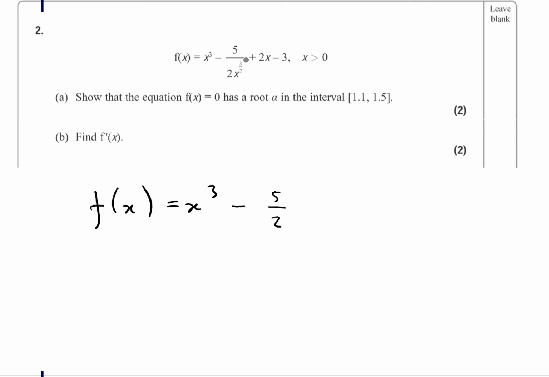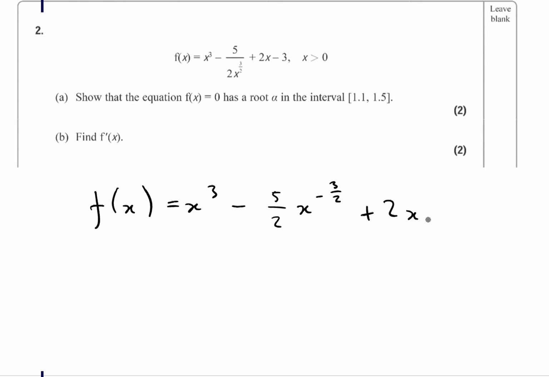Remember the laws of indices: at the moment this is effectively 1 over x to the power 3 over 2, and when you multiply the two together you get this thing, which is how it's written there. It's exactly the same thing. When you've got 1 over x, that's the same as x to the power of a negative power. So it's going to become times x to the minus 3 over 2 instead of 1 over x to the power 3 over 2.